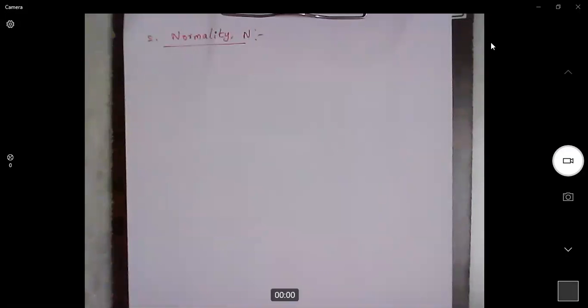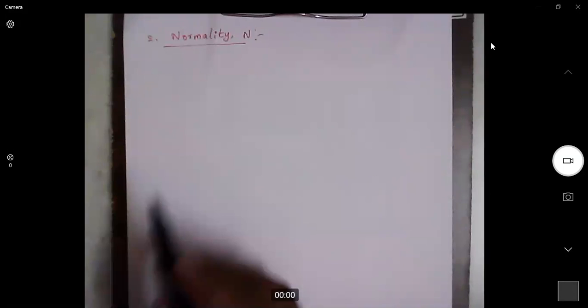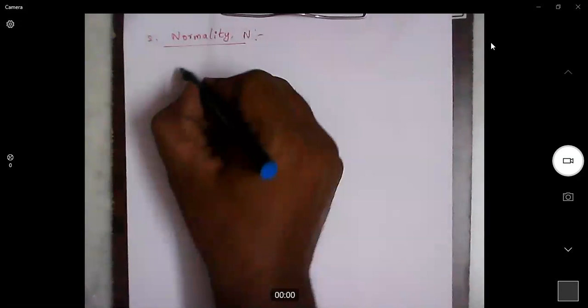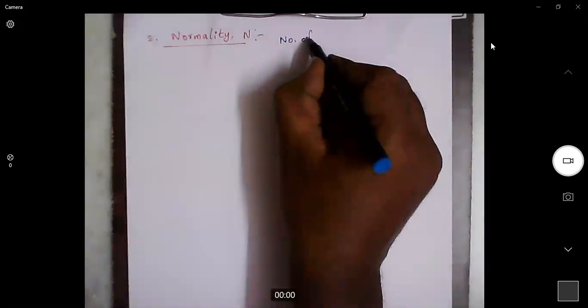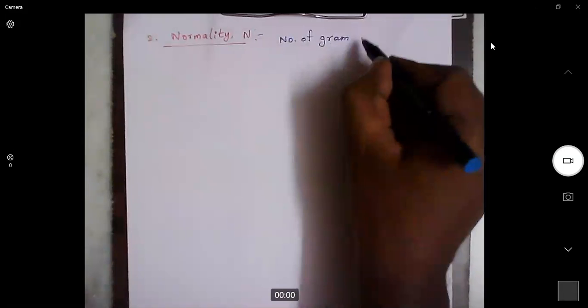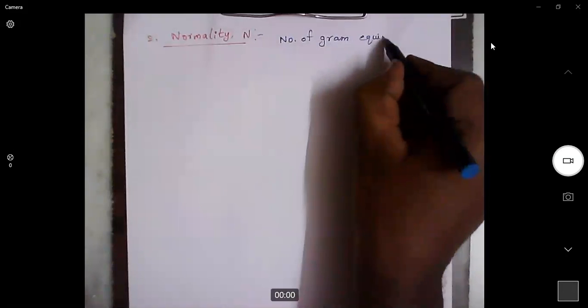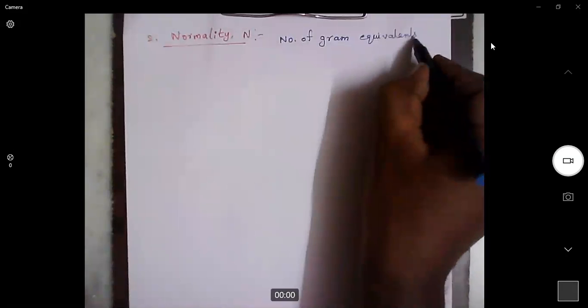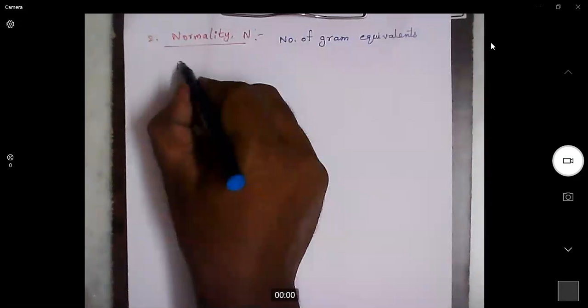Now we will look at normality. What is normality? It is indicated by capital N. Normality is given by the number of gram equivalents present in 1 liter of the solution.